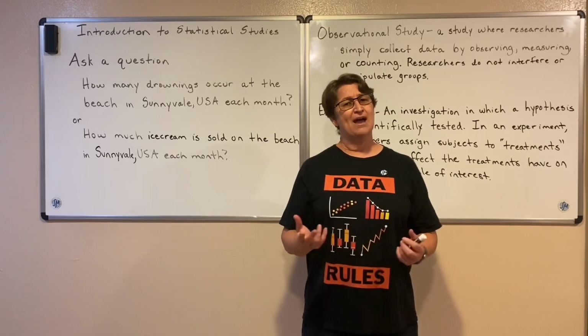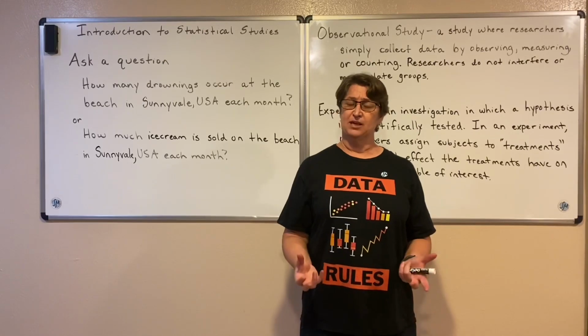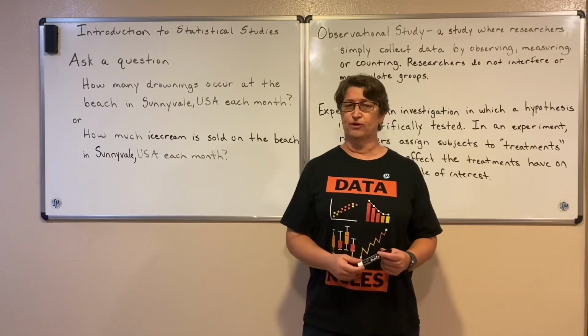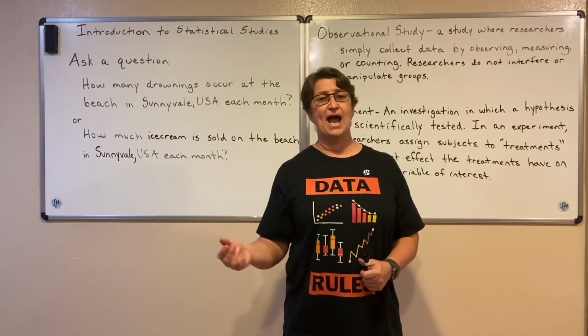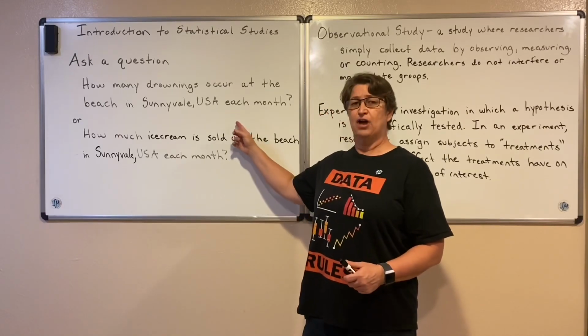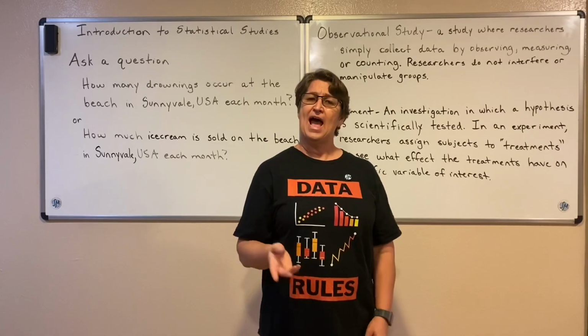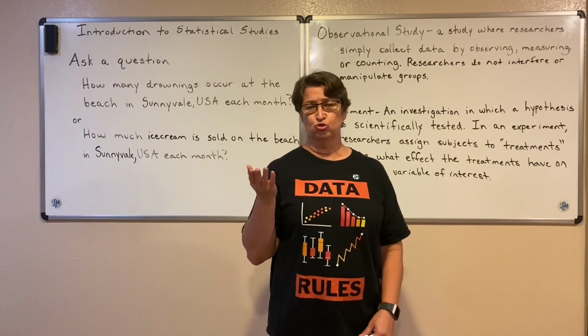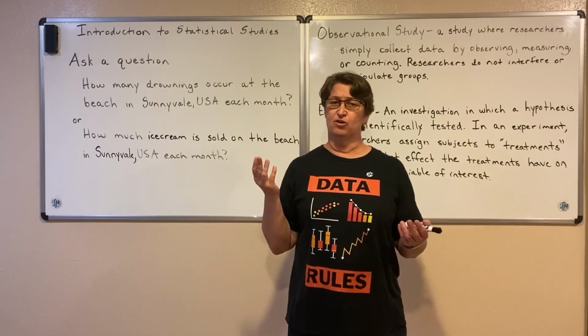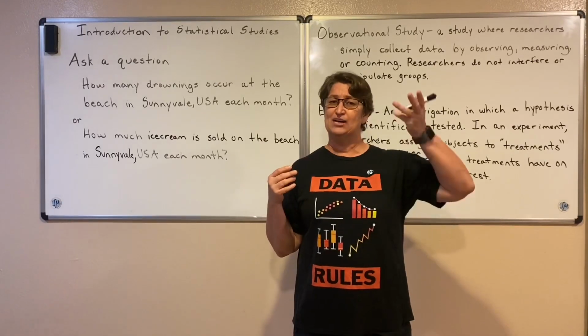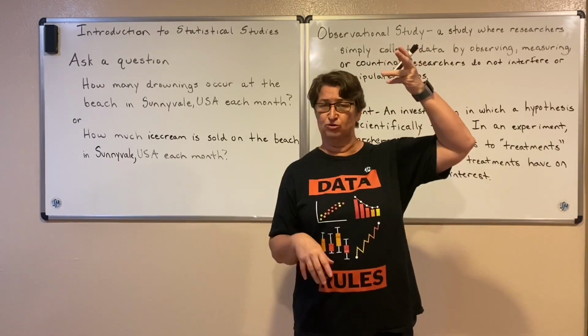But maybe I have something a little more complex in mind that I need some more information. So maybe as I collect my data to answer these two questions, I realize that as the number of drownings rise in Sunnyvale, USA, the sales of ice cream go up too.